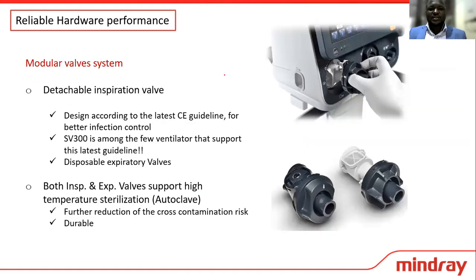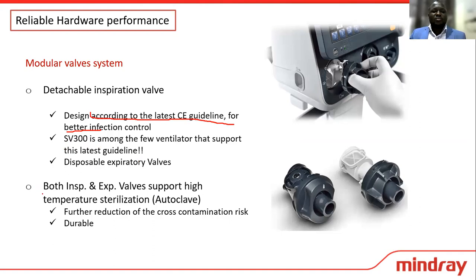And in terms of IPC, infection control measures, and with the advent of COVID-19, the regulations are that we want to have a detachable inspiration valve. This design is according to the latest guideline offered by the CE guideline, which offers better infection control. And the SV300 is among the few ventilators that can support this latest guideline.